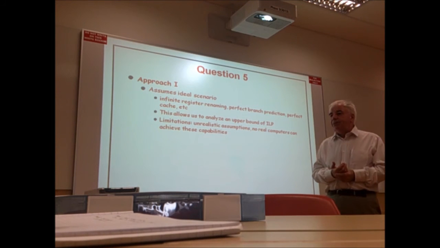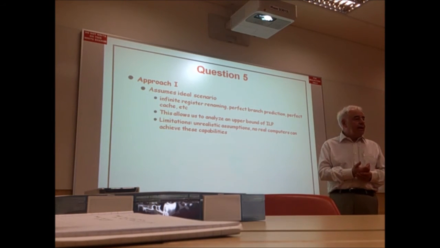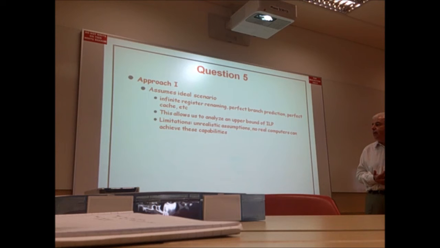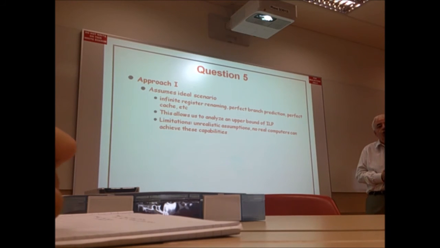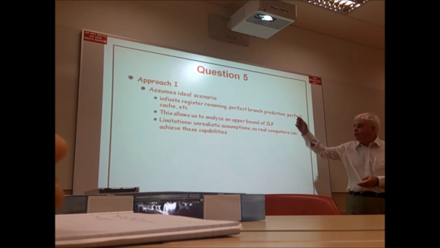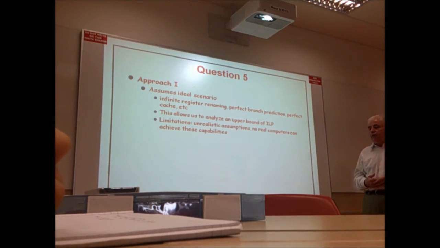This can sometimes be useful in that it gives you an upper bound on the amount of instruction level parallelism you can get, but the limitation of this approach is that these assumptions are not realistic, and no real computer can achieve that.